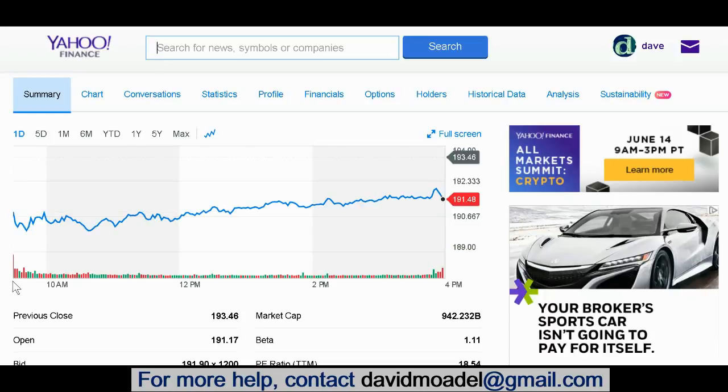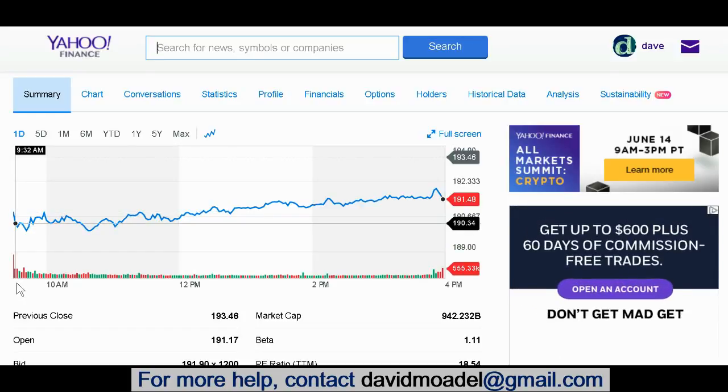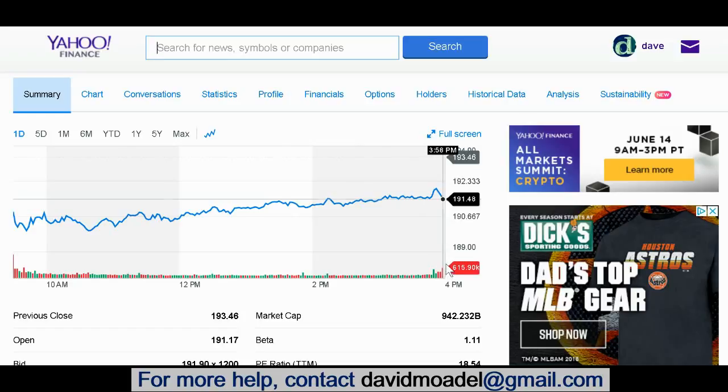That trading day is on the New York Stock Exchange, which is the most popular place where people buy and sell stocks in the United States. The trading day opens at 9:30 a.m. Eastern Time and closes at 4 p.m. Eastern Time.